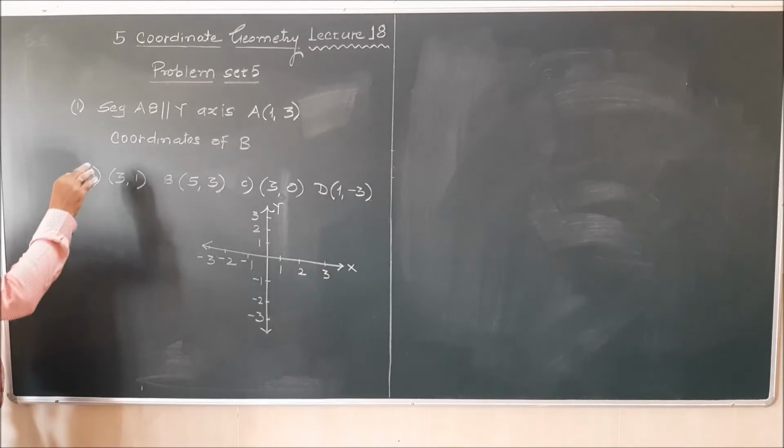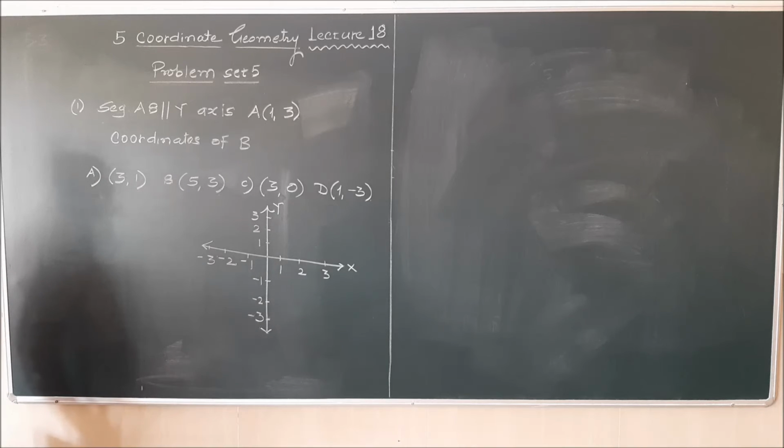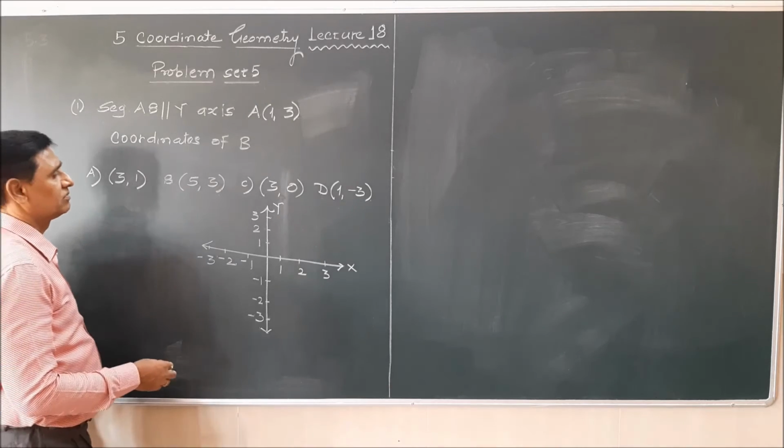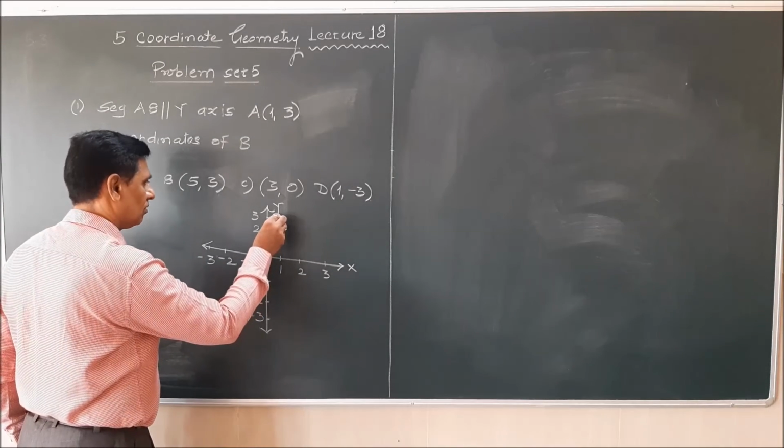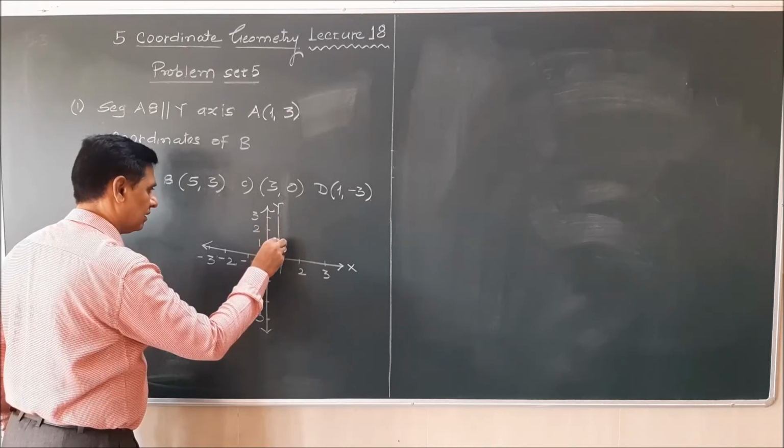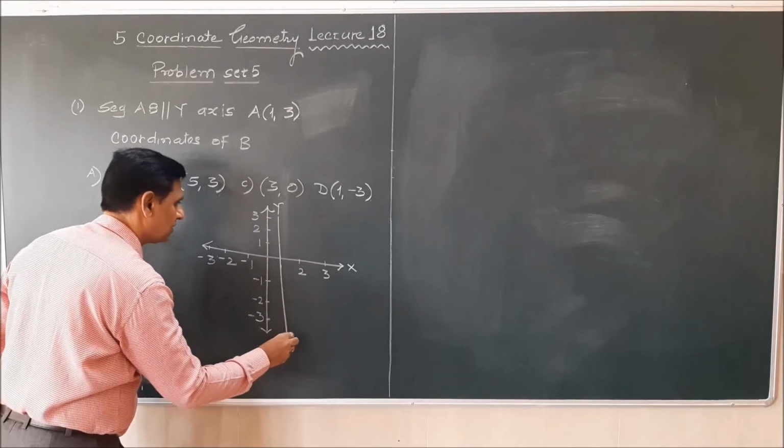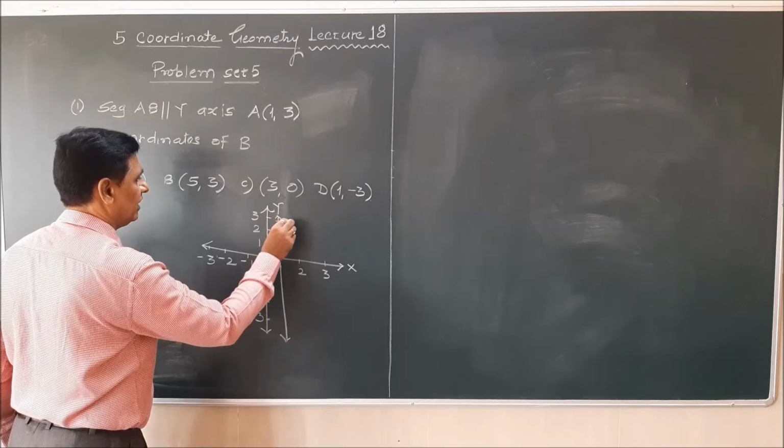Now in the question it is given AB is parallel to the y-axis, and A has the coordinates (1, 3).